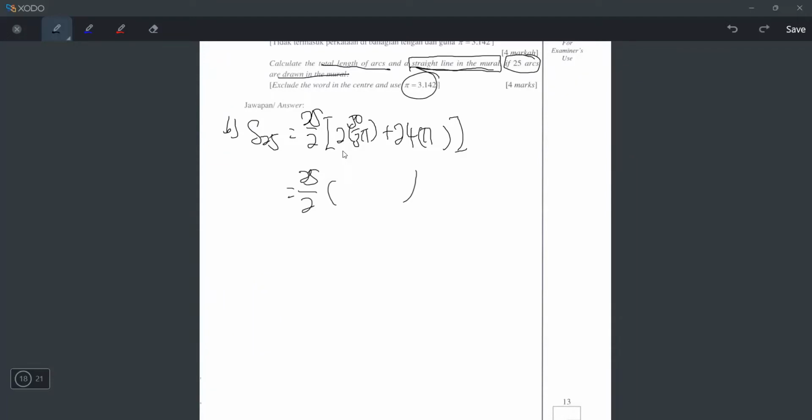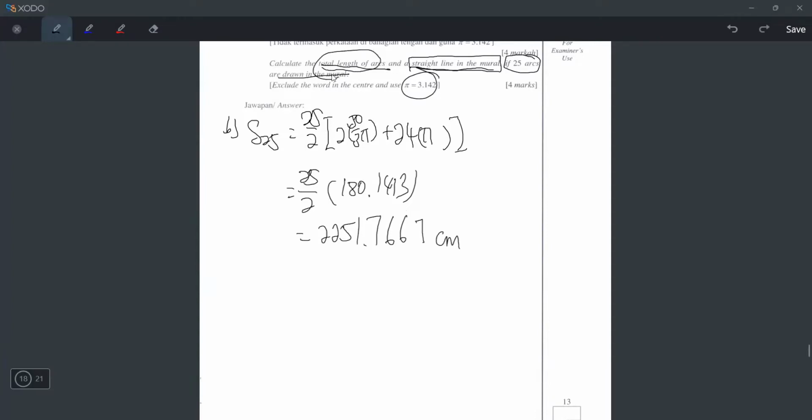So it's like 180.1413, and then times 25 divide 2. So it's like 2251.766, 4, 12766 cm.